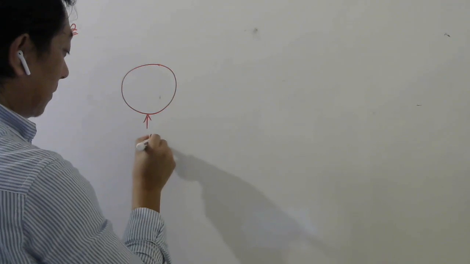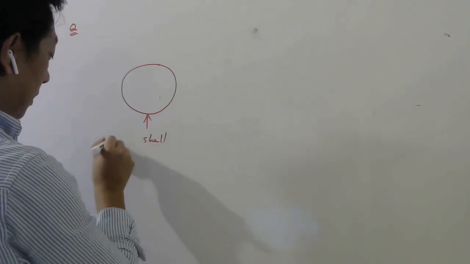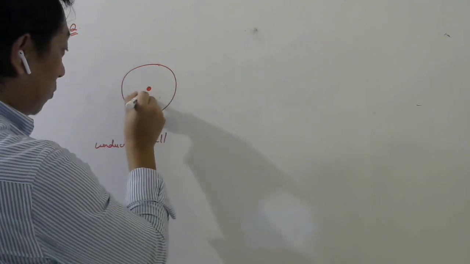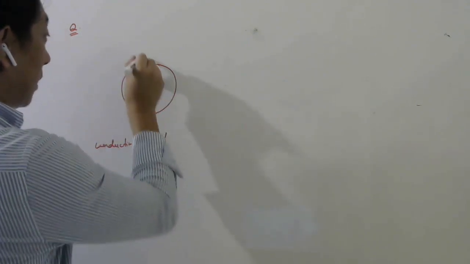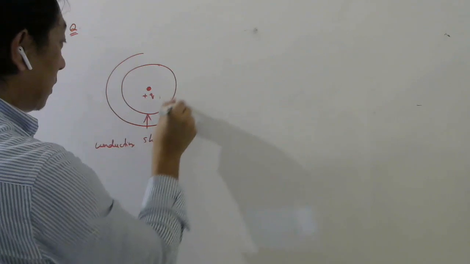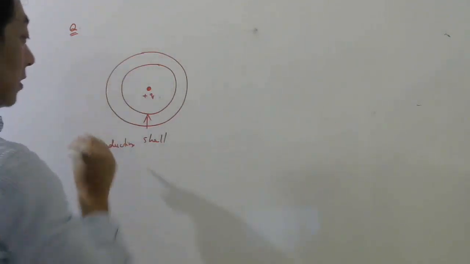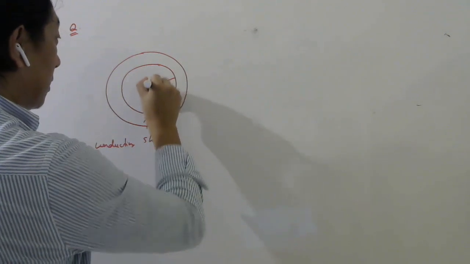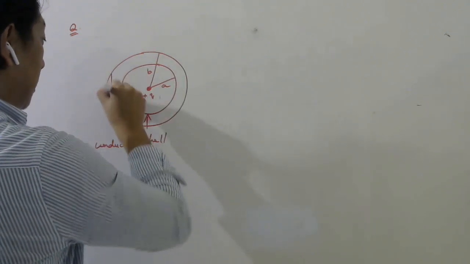This is a conducting shell, and here I put a conductor which has charge plus Q. Though it is a shell, the thickness is quite large. So this is A and this is B. And this is your conductor.